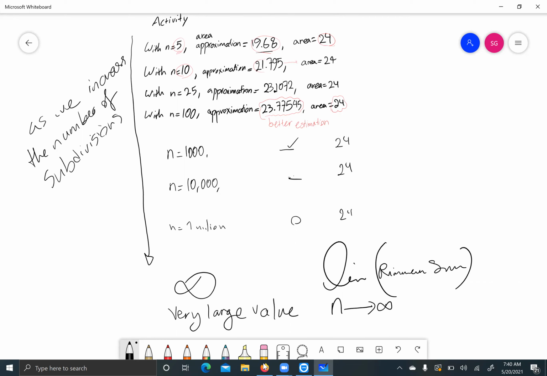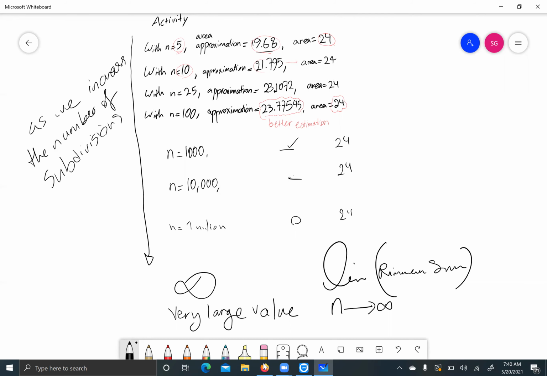It means that when you increase the number of subdivisions, when you increase the number of rectangles, and here we are not talking about 5 and 10. When we say infinity, it's like 1,000 and 1,000 rectangles and billions of rectangles and subdivisions.